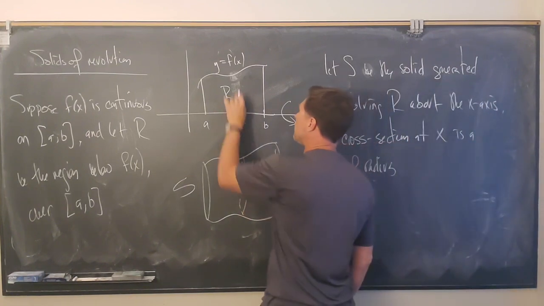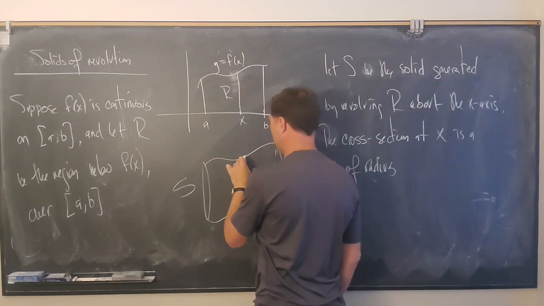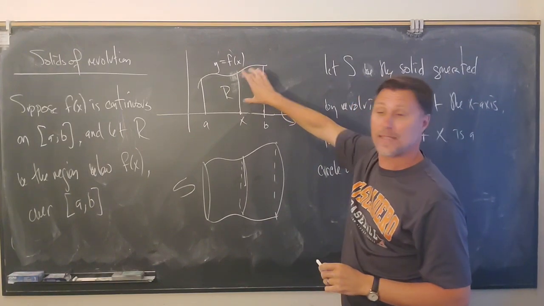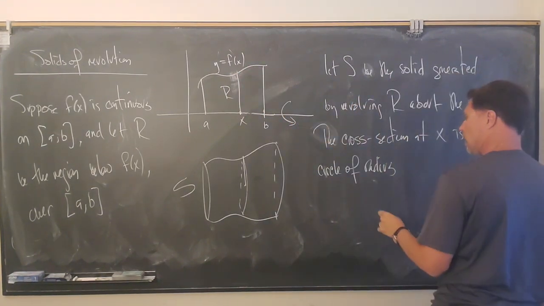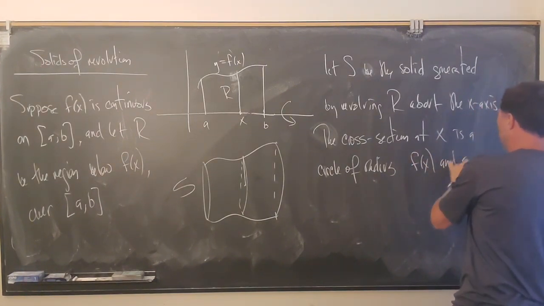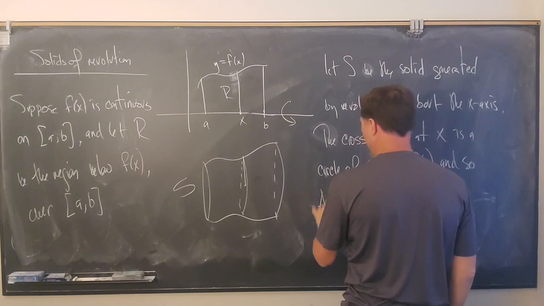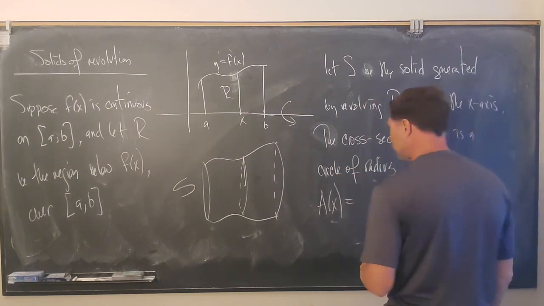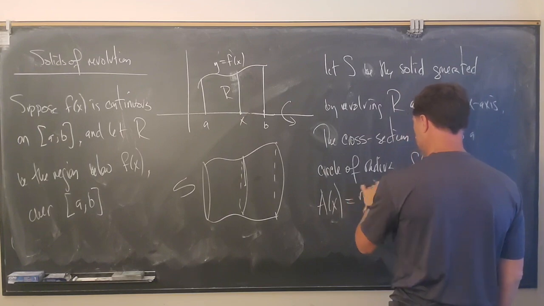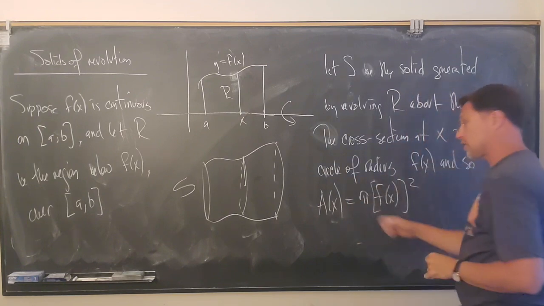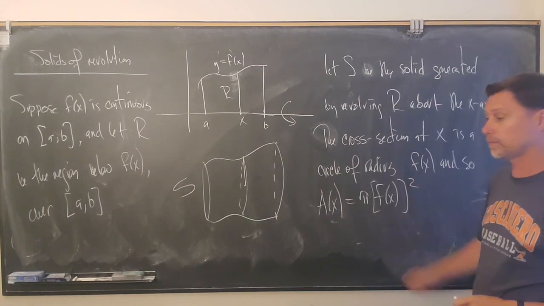Well, it's going to be exactly that height right there, that distance right there. And what is that height? That height is f of x. So this is a circle of radius f of x. And so the area at position x is equal to pi times f of x squared. It's just pi times the radius squared.